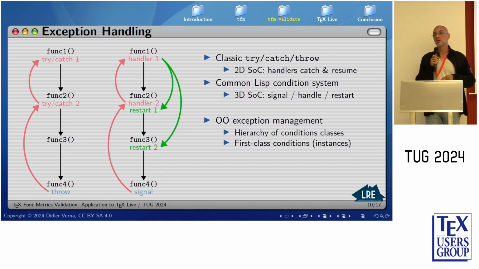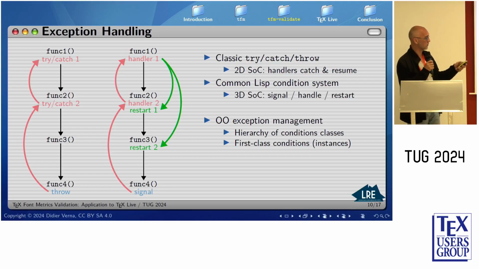So, for instance, creating the ontology of errors boils down to creating a hierarchy of condition or exception classes. And then when you signal a condition or when you throw an exception, what you actually do is just instantiate a class, and you end up with an object in the object-oriented sense. Okay, so it works also like that in Lisp.